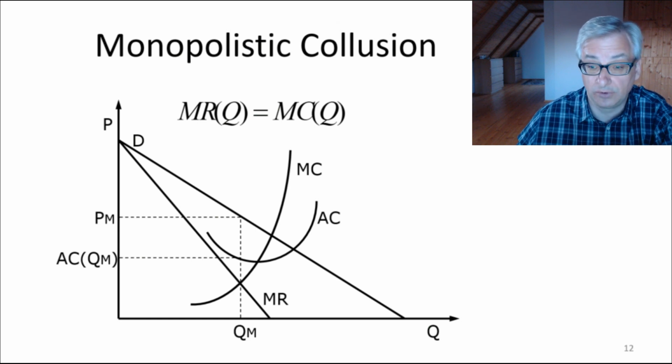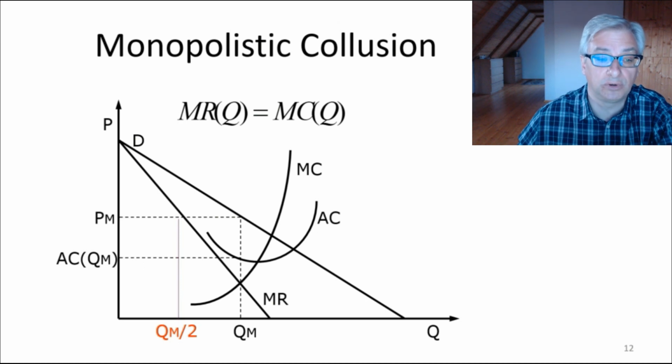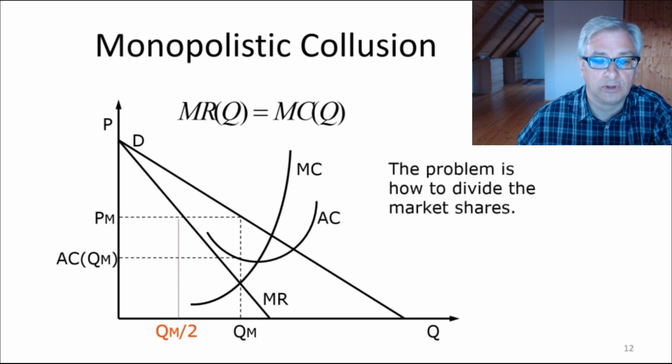So if there are, for instance, two participants, two market players, they could simply split the market and have half of the cost, half of the revenue and half of the profit. So we divide the monopolistic profit between two businesses, let's say in the equal way. Obviously, in real life, the problem would be how to divide market shares, whether it should be equal or unequal. Everyone would have probably their own idea about how it should be done.